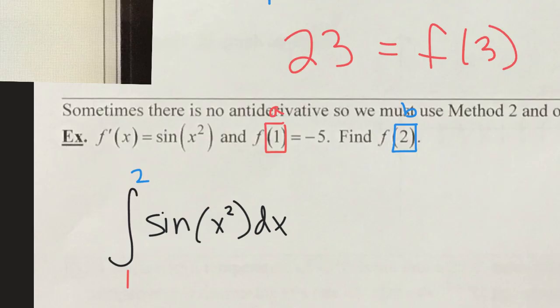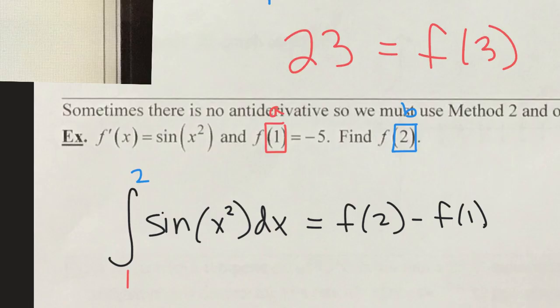If you had an FRQ problem on your exam and you wanted to solve this, you would write this down first, right? F of 2 minus f of 1. That is stating that you know the calculus involved. So that's all that you would have to write.